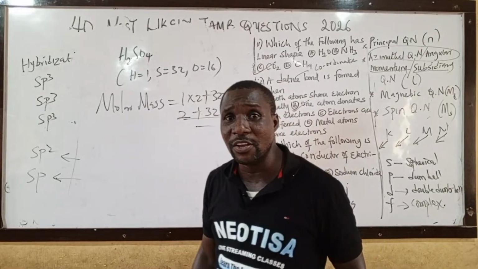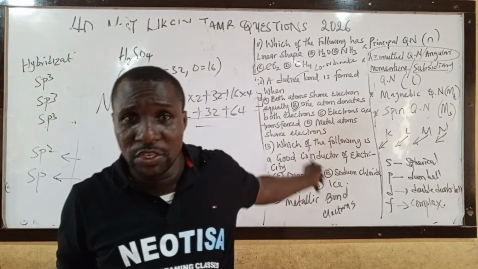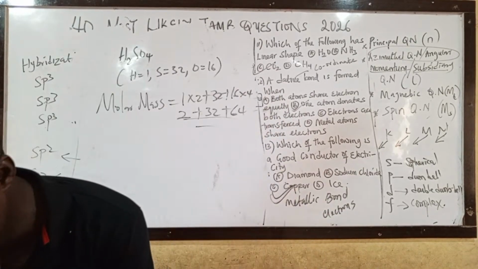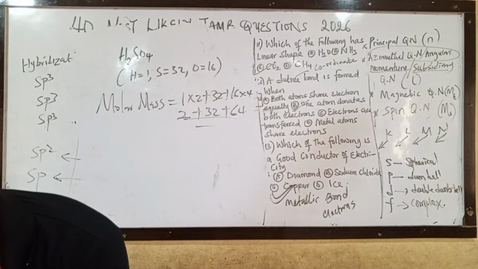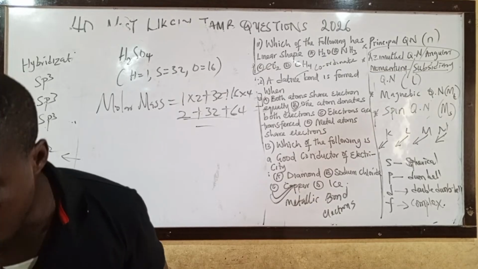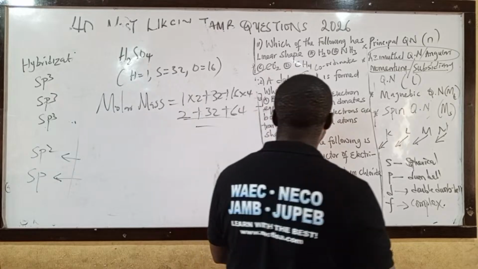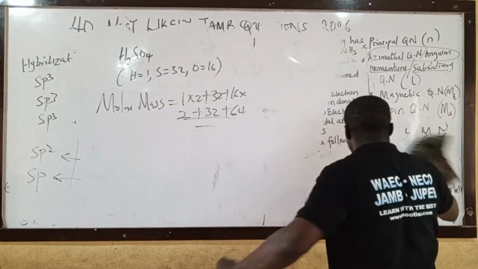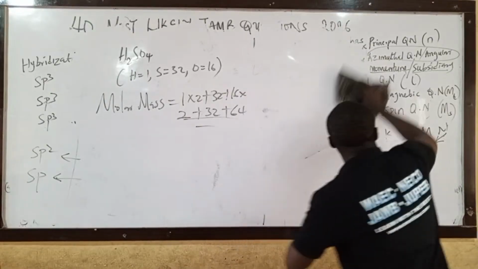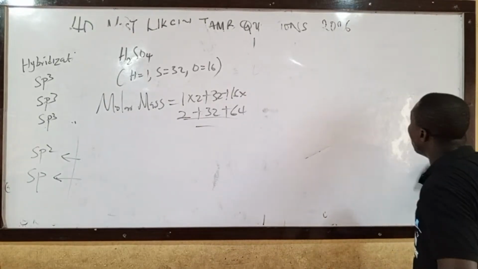Then, what are the bonuses? Do the sum yourself. The bonuses I want to give you are very important: production of compounds by some processes. They will ask you which compound we use a particular process to produce.